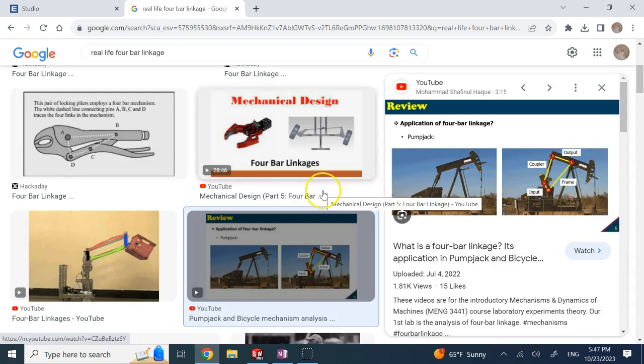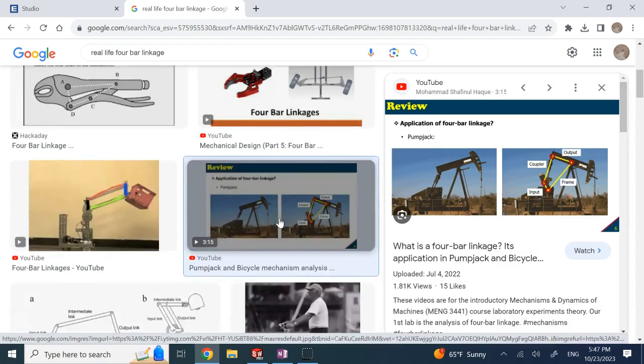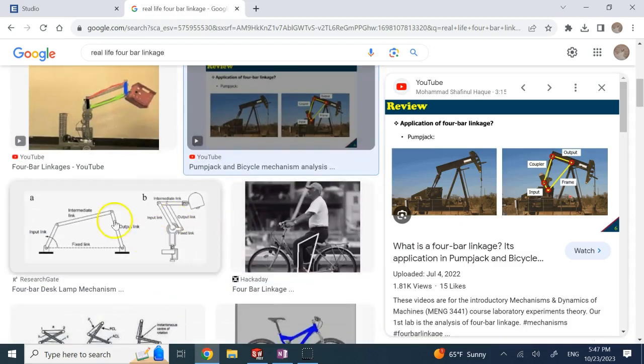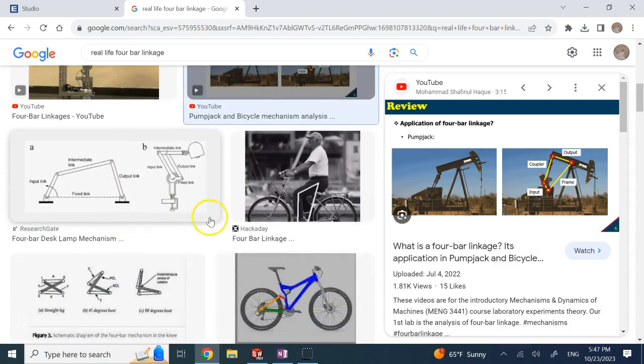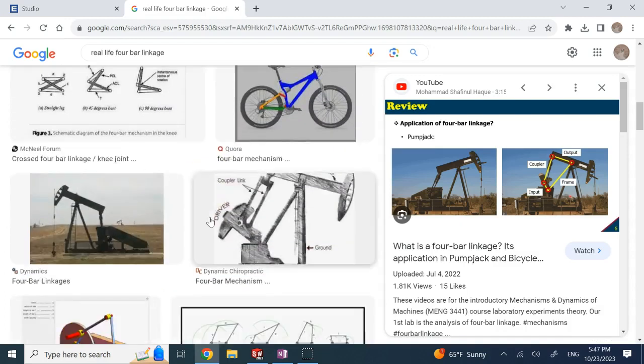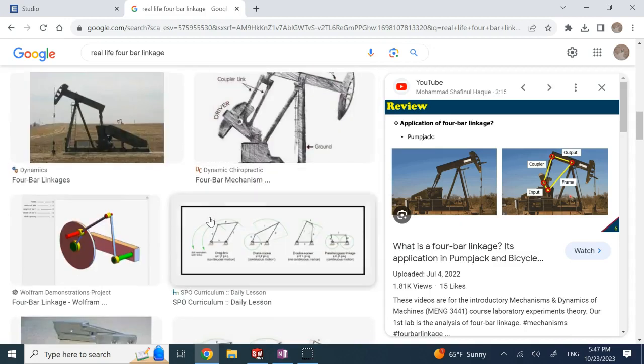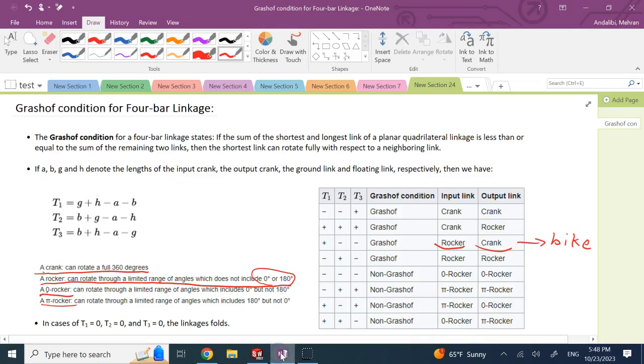Or if you use it in a windshield wiper, the input is rotating constantly, but the output only does a partial rotation to make the windshield wiper go. So this one you can have in oil extraction or for a windshield wiper and stuff like that.